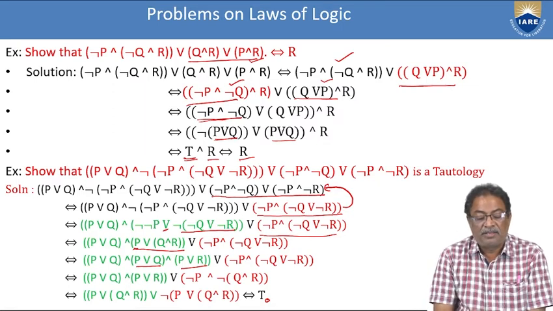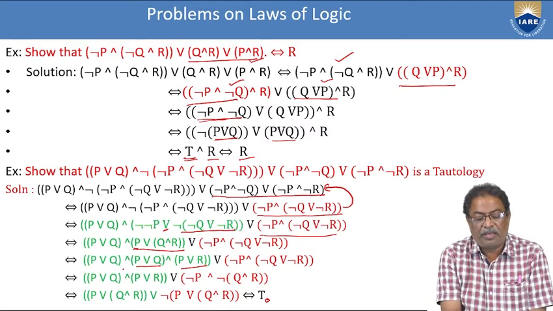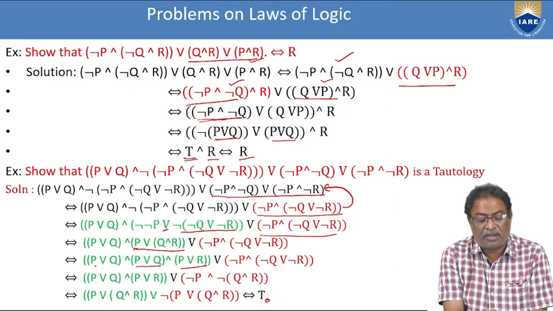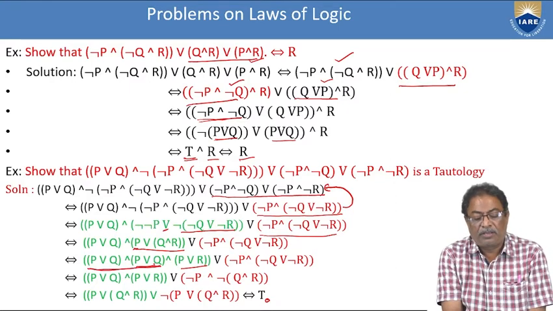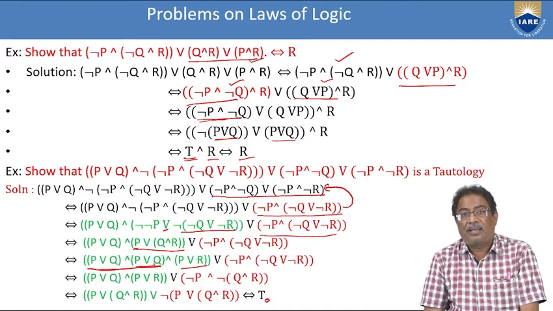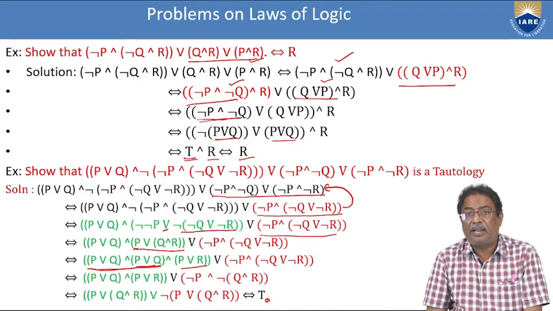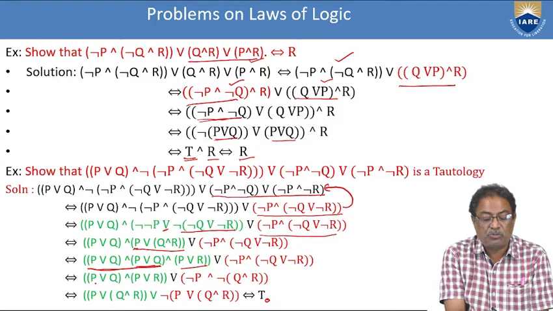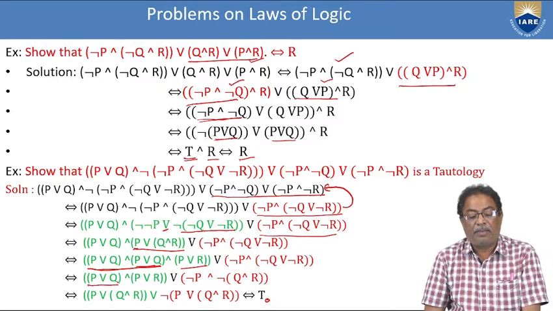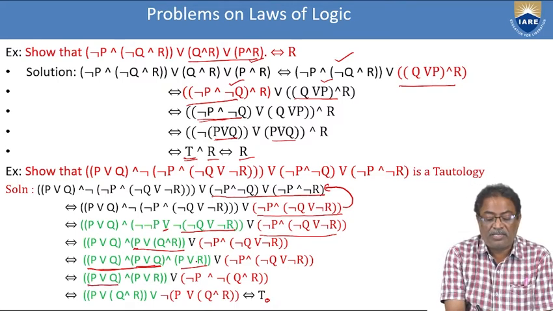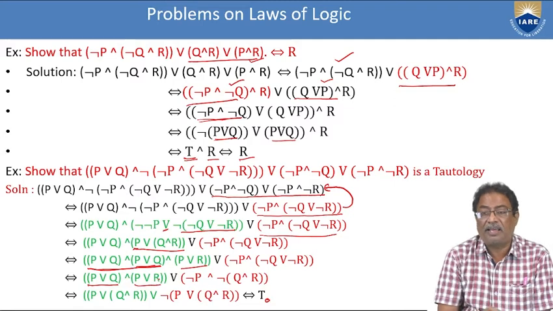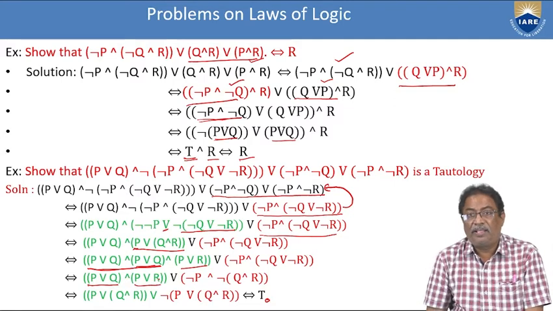Now once again P or Q, next, and P or R. See here, P or Q, P or Q, and P or Q, with the AND operation. P and P is P. So these two are replaced with a single P or Q. Next, the rest, P or R, will be there as it is.